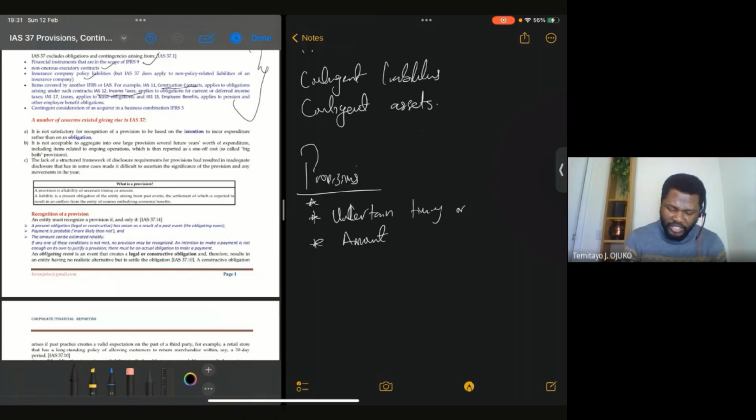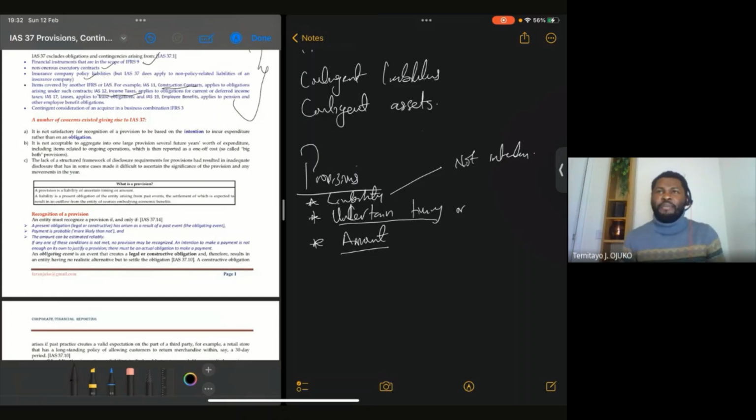I need to include that. Provision is a liability of uncertain timing or amount. First, you need to know that there must be a liability before it's provision. You don't just make provision based on intention. So, not intention. There must definitely be a liability.